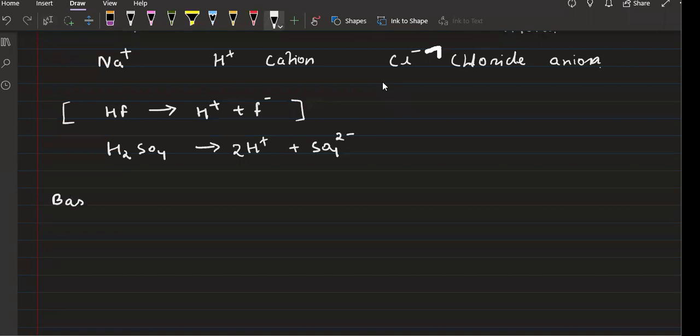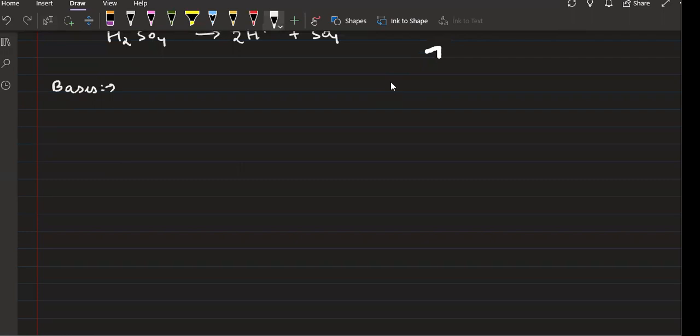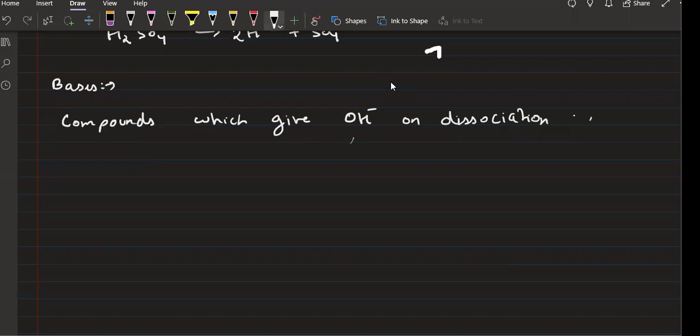Now according to Arrhenius, he said that compounds which give OH minus on dissociation, means टूटने के बाद OH minus जो दे, are called bases. Got it, everyone?